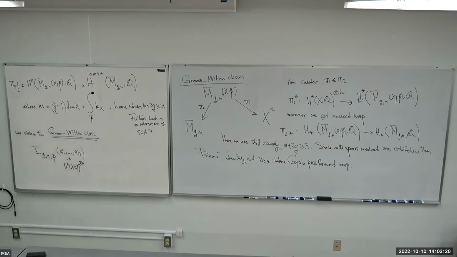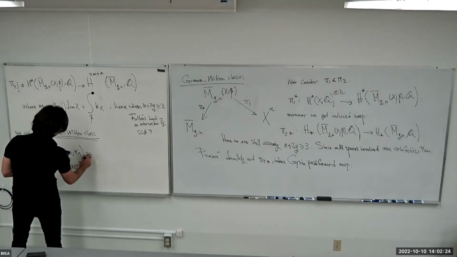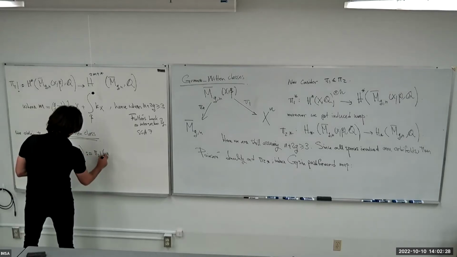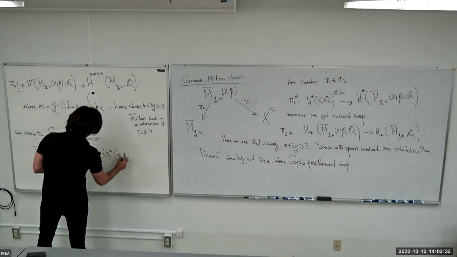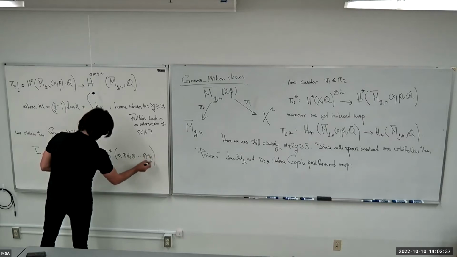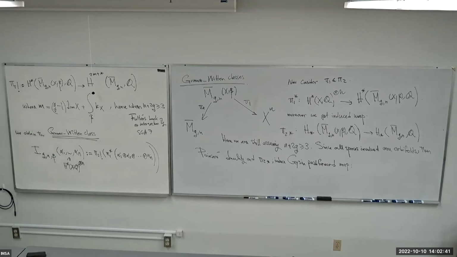N cohomology classes. And what is that? It's defined as pi 2 lower star of pi 1 upper star of alpha 1 times alpha 2 times ... alpha n. That's it.